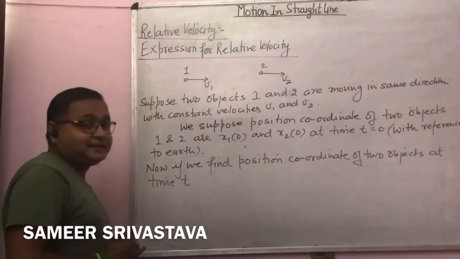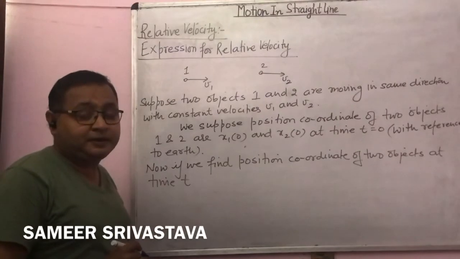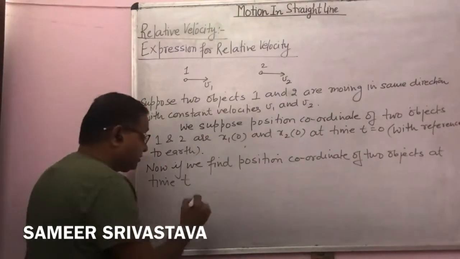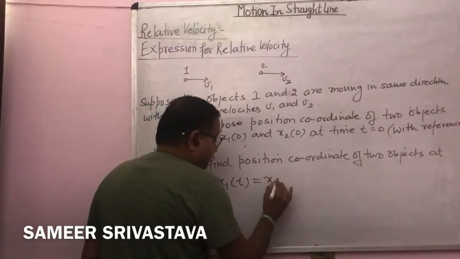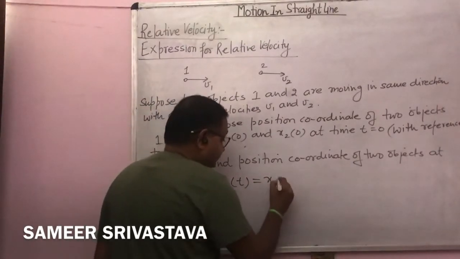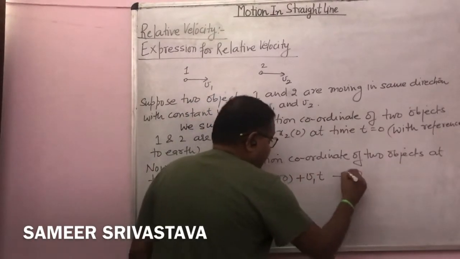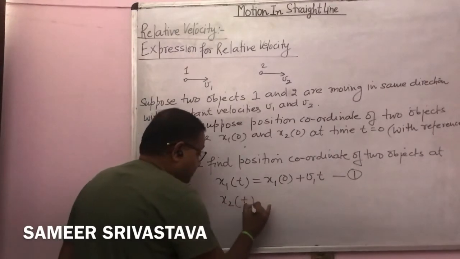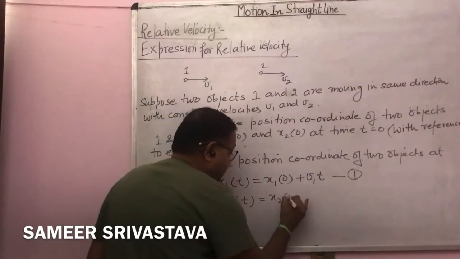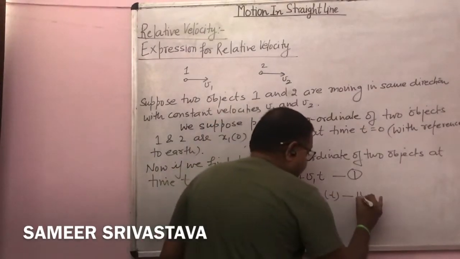We can write the position coordinate at that time with the help of the kinematic equation of uniform motion as x1t equals x10 plus v1 into t. This is equation number 1. The second equation for the second object: x2t equals x20 plus v2 into t. This is equation 2.